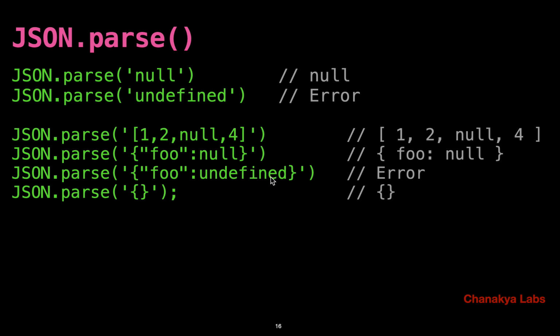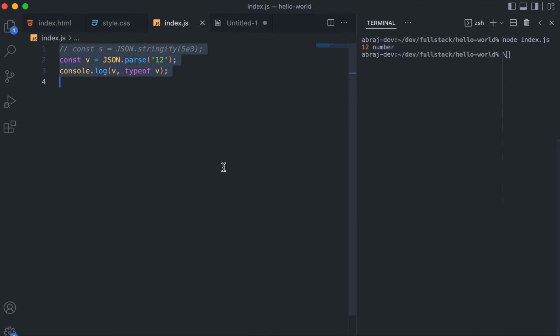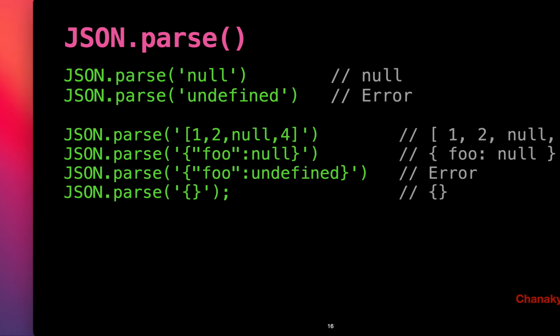Foo undefined, again, it is a string; this would never be returned by JSON stringify, but let's say somehow you manually created this string with foo in quotes, then it will give you an error.